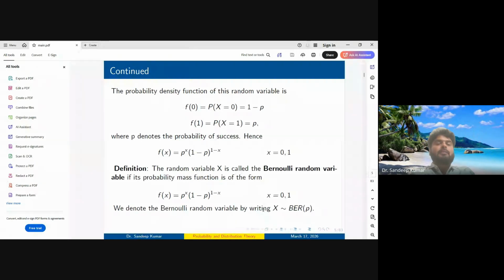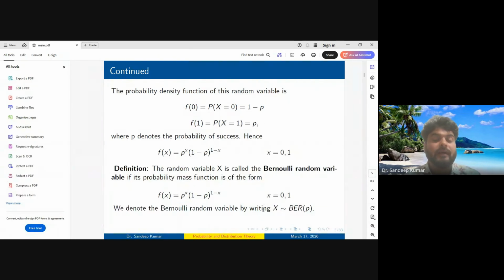And the probability mass function of this random variable, that is the mathematical formulation of the Bernoulli distribution, is f(0) equal to probability of X equal to 0, that is 1 minus p, the probability of failure, and f(1), that is P(X equal to 1), is the probability of success, where p denotes the probability of success.